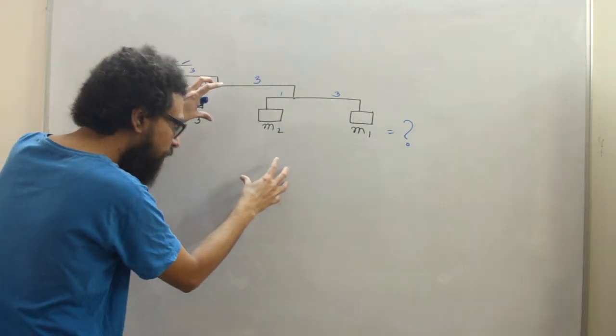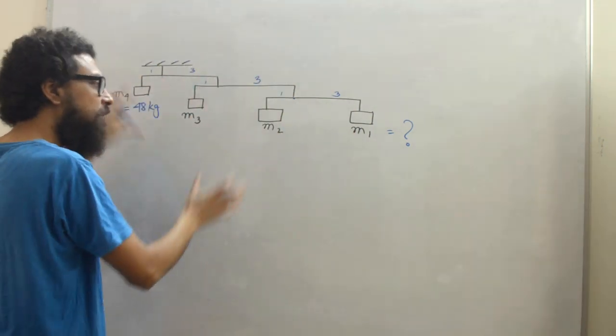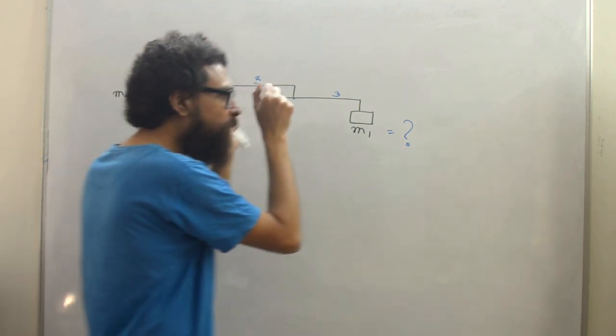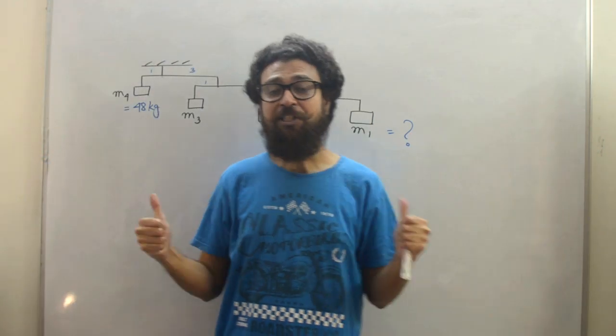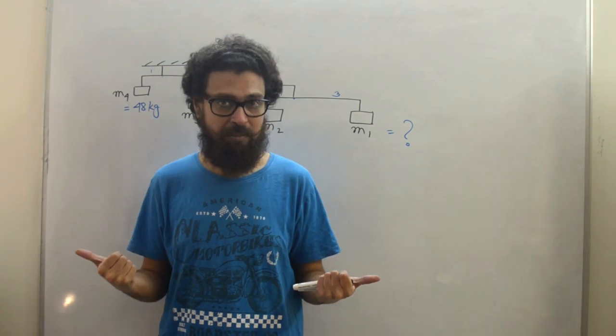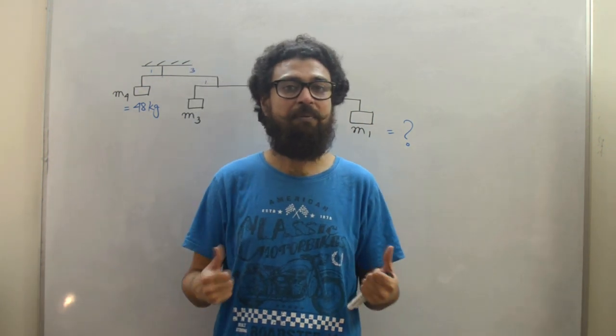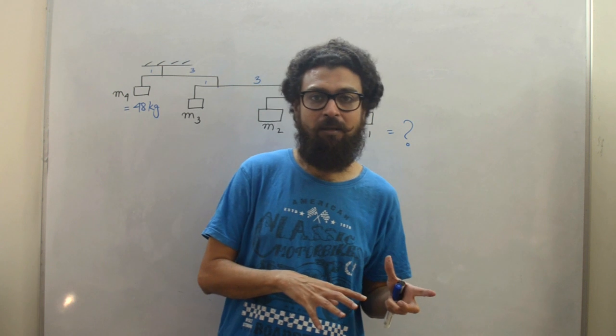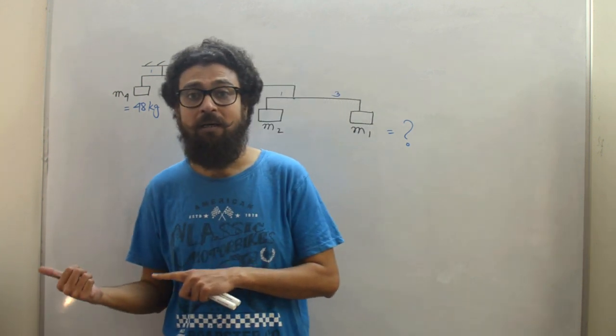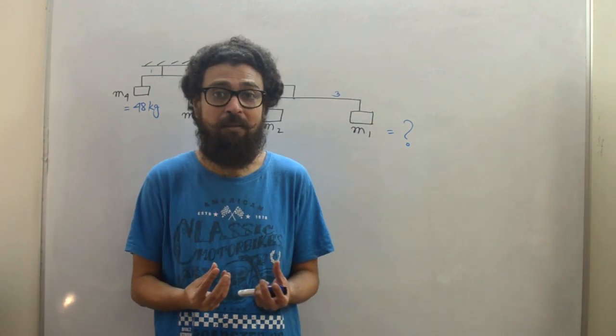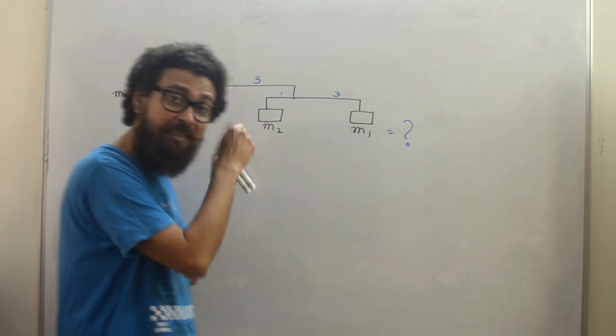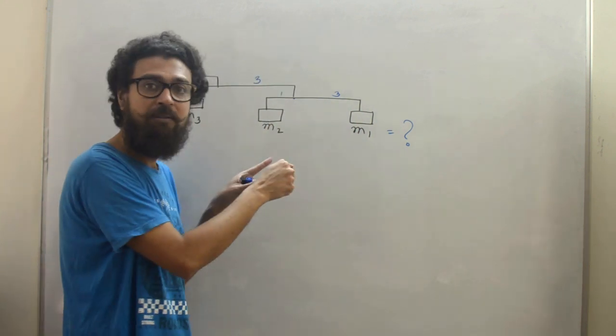This arrangement is not going like this. Nothing is happening. So in order to fix the rotational equilibrium, what is the concept? The concept is the principle of moment. That means total anti-clockwise moment is equal to total clockwise moment. This is so simple.